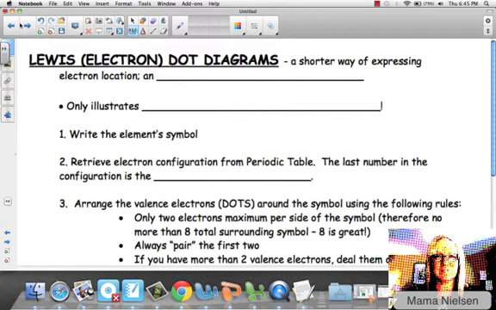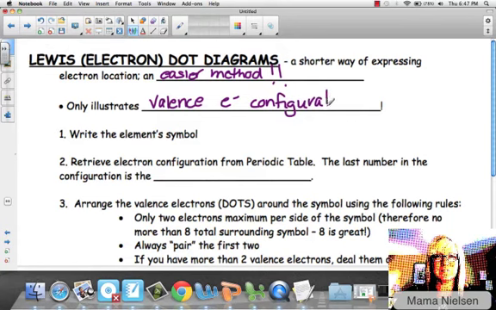We're going to talk about Lewis electron dot diagrams. This is actually a shorter way of expressing electron location. It's an easier method because it only illustrates valence electron configuration.